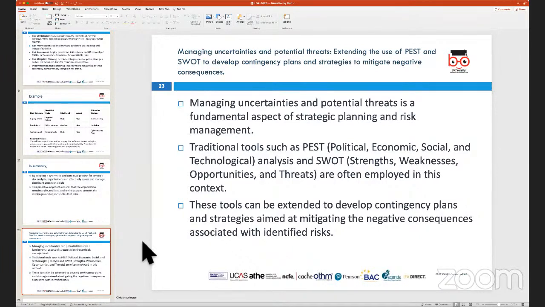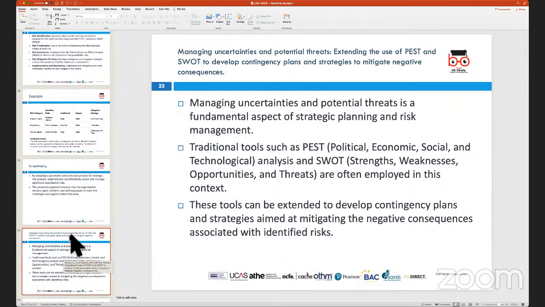That would be used primarily to do internal analysis on the weaknesses or strength areas of the organization. External analysis normally could be done through the PESTEL framework, which looks at macro factors, or micro factors, as we say. So PESTEL looks at macro factors which are external to the organization, and micro tends to be SWOT analysis, which is internal to the organization.